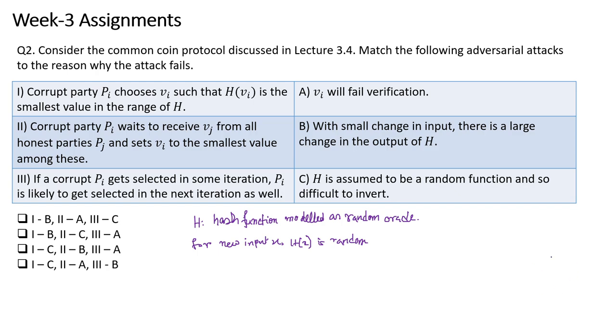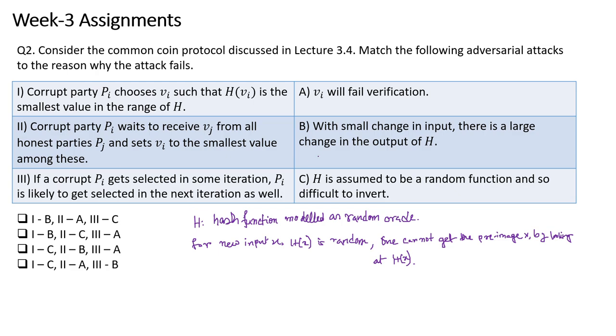That is the assumption when we are claiming h to be a random oracle. Then for any new x, h of x is random, and by the property of a hash function, one cannot get the pre-image x by looking at h of x. This is the property of a hash function.